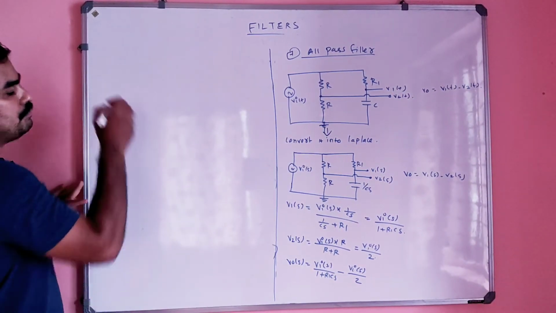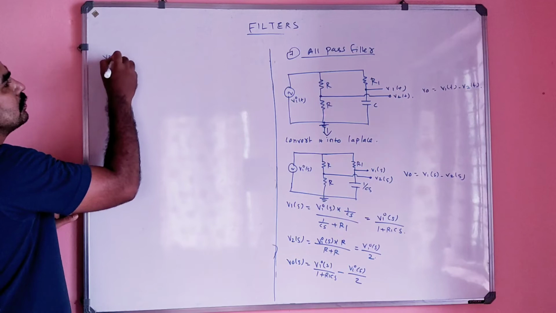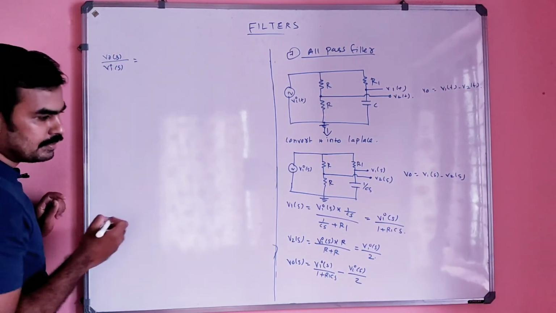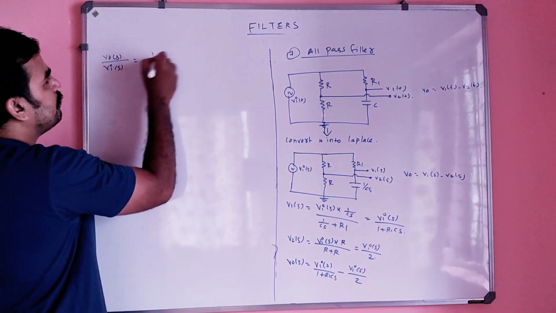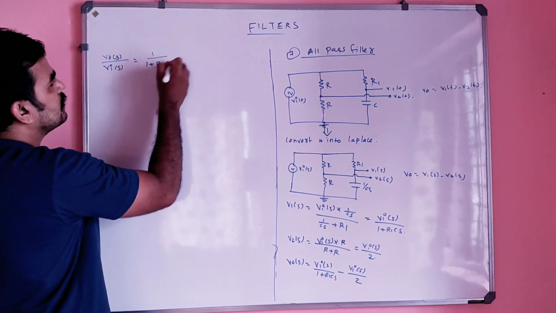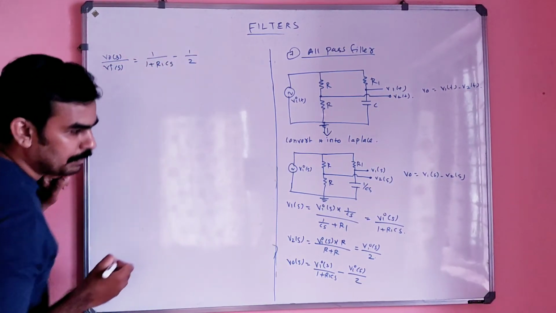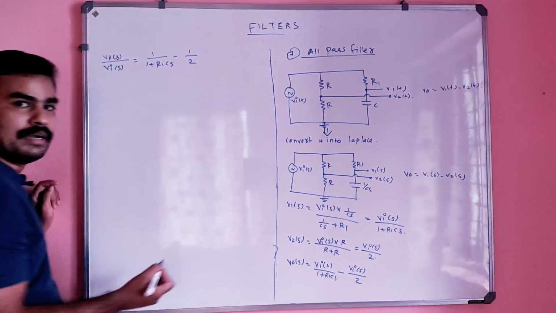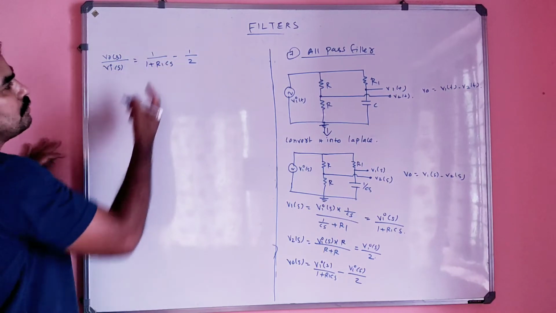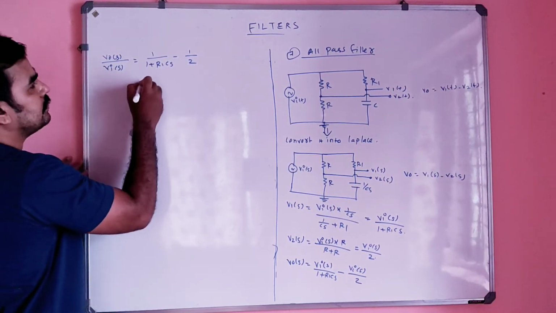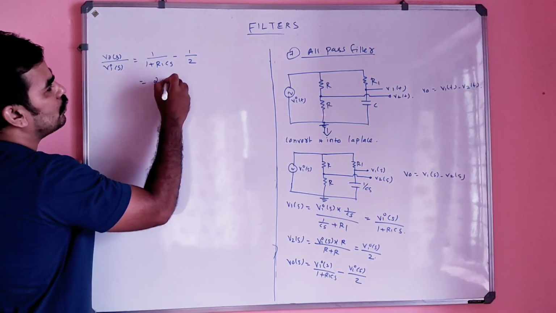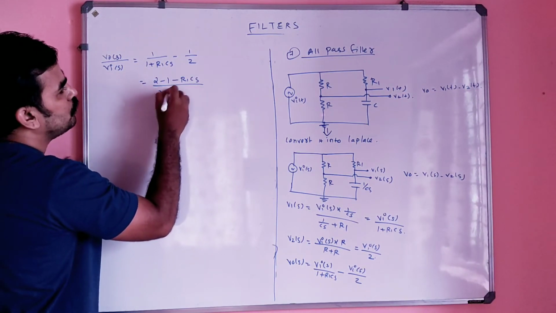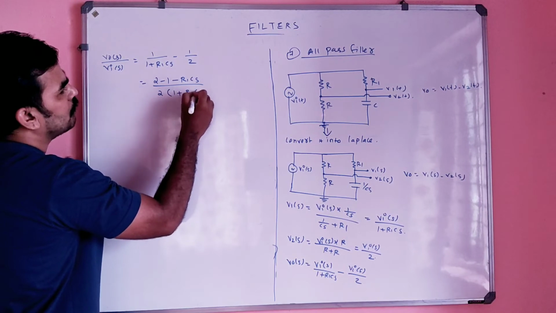So what will be V0 of s by VA of s? It will be 1 by 1 plus R1 Cs minus 1 by 2, correct? VA of s you can take in common and take 2 as denominator. So this is nothing but 2 minus 1 minus R1 Cs whole divided by 2 into 1 plus R1 Cs.